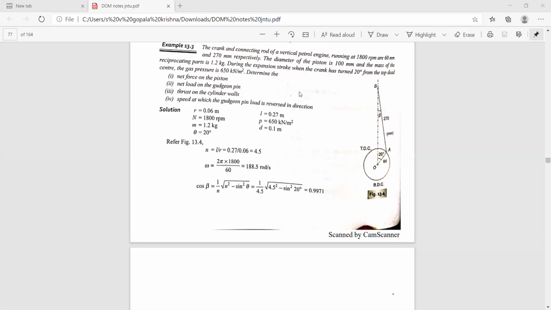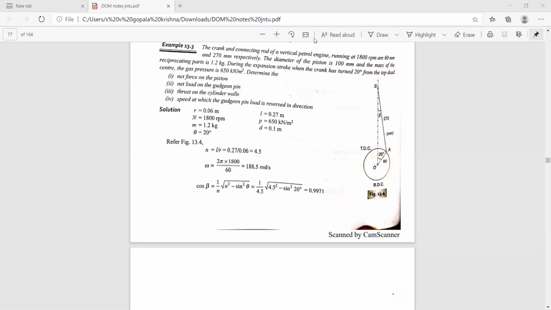During the expansion stroke, when the crank has turned 20 degrees from the top dead center, the gas pressure is 650 kilonewton per meter square. Determine the first, net force on the piston; second, net load on the gudgeon pin; third, thrust on the cylinder walls; and fourth, the speed at which the gudgeon pin load is reversed in direction. That is the problem description.